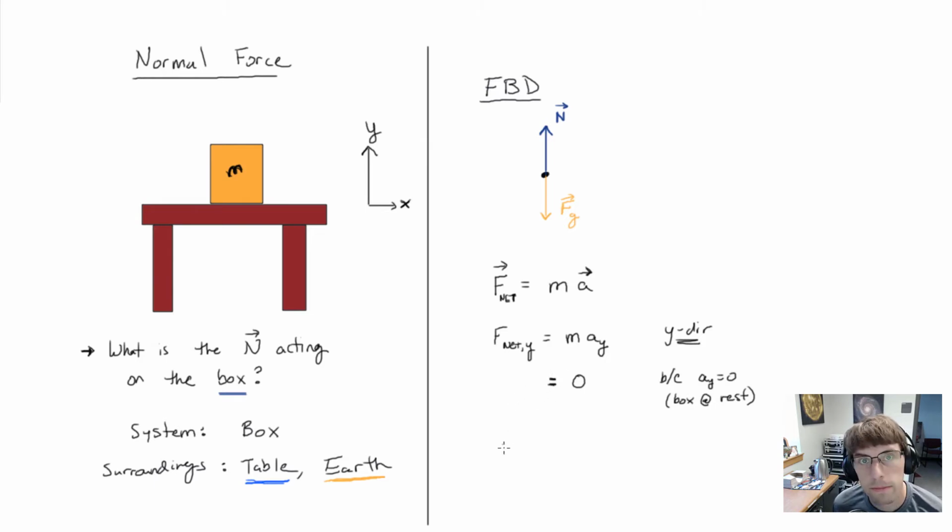Okay. Now on this side, we have to remember, what does the word net mean? It means all of the forces acting in the y direction. And this is where the free body diagram really helps us out.